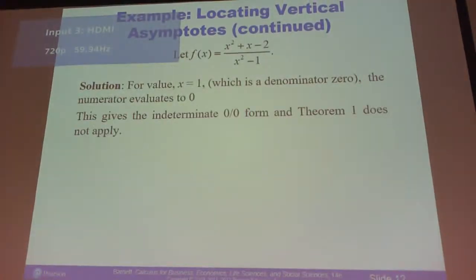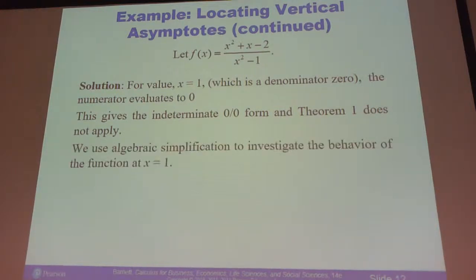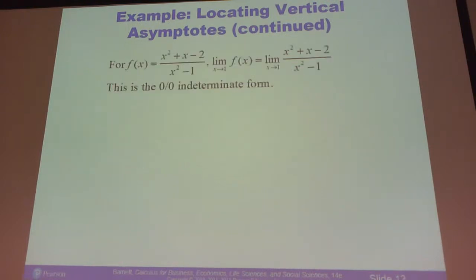Well, we realize that if you plug in 1, then you get 0 over 0, and it does not apply. But we want to figure out what's going on at 1.